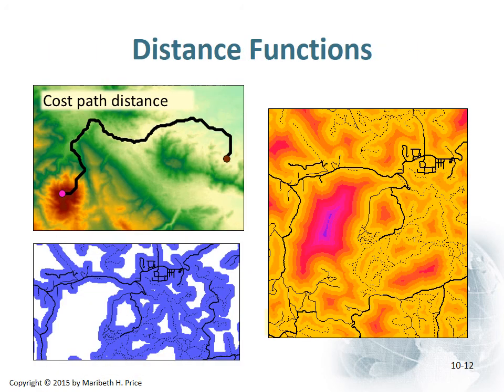So let's say we are trying to help a tank crew navigate from the brown point to the pink point on the visualization in the upper left. Some of the things we might be interested in using in that analysis would be elevation itself, probably a slope input grid, perhaps aspect, and also distance.